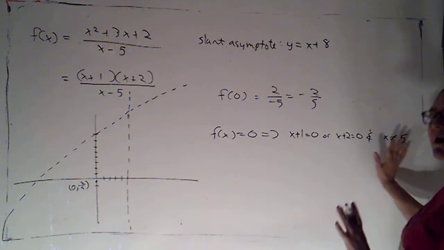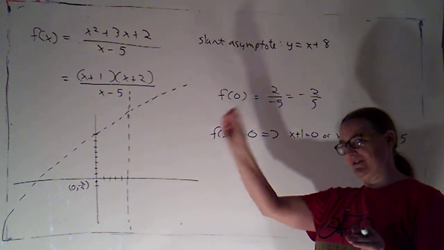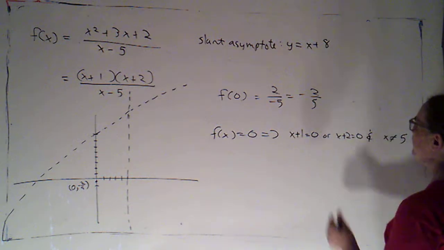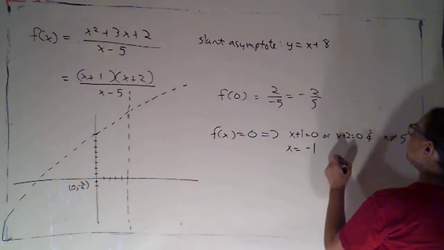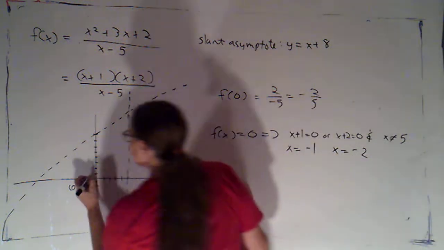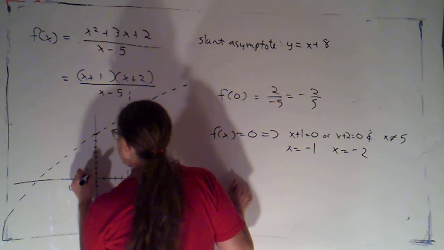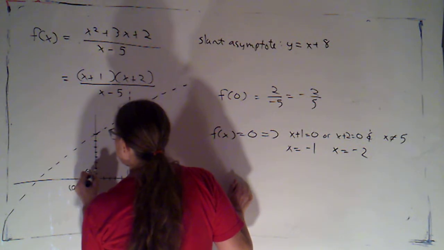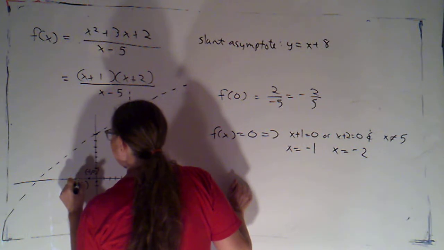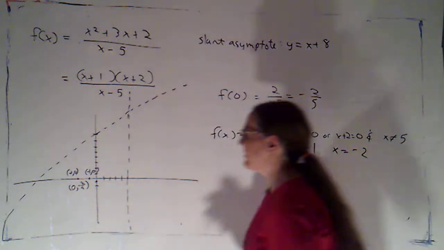Again, I like to just remind myself that when I'm working with a fraction, it's not enough for the top to be 0. The bottom has to not be 0. All right, so x would be negative 1, or x would be negative 2. So it looks like I'm going to have an x-intercept at negative 1, 0, and at negative 2, 0.